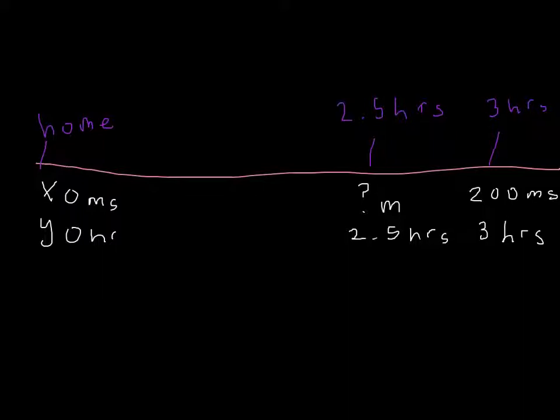Here I just drew out the problem so I could get my head around it. This is just like the path he took, and this is home to 2.5 hours and 3 hours, and here's what we know and how x and y correspond with them.